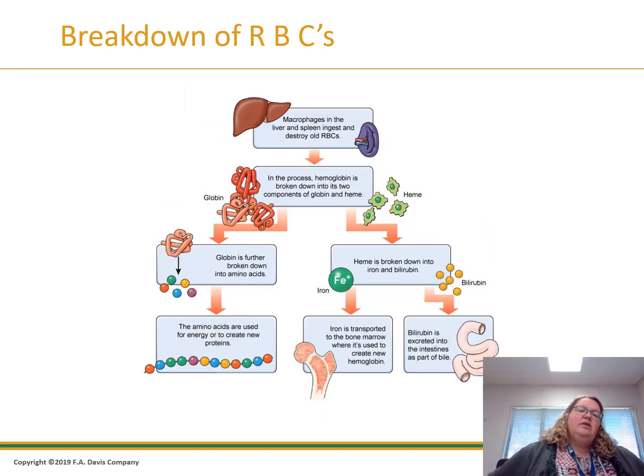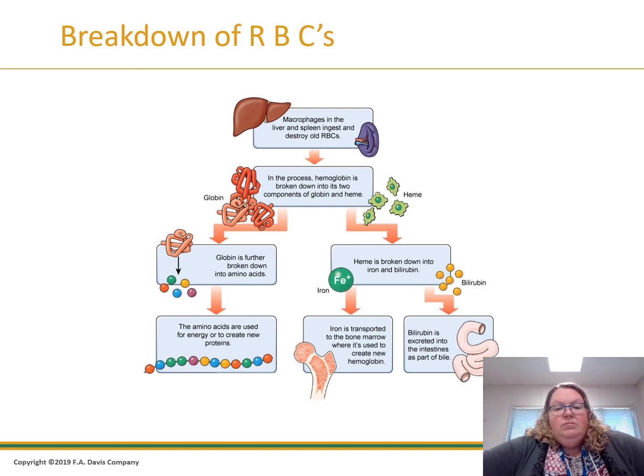Okay, so the breakdown of the red blood cell: macrophages in the liver and spleen ingest and destroy old red blood cells. That's what becomes bilirubin. If the liver isn't producing enough macrophages to break down the red blood cells, they become bilirubin in the blood.